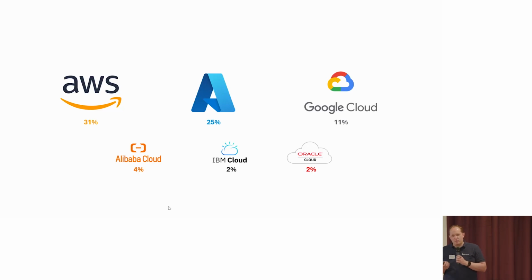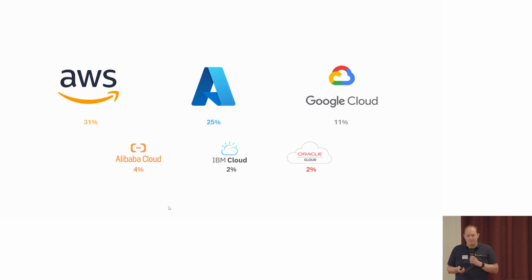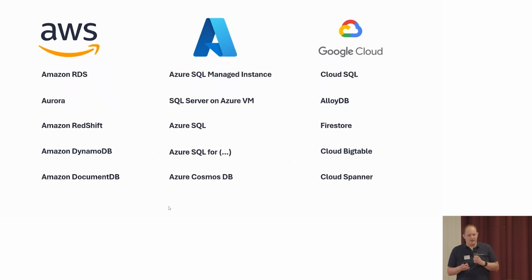But if you take a look inside these cloud vendors, how much or what kind of services do they provide to actually store test data? They have a lot of fancy names, like Amazon Relational Data Store, or AlloyDB, or DocumentDB, or Aurora. Pretty fancy names, but you might not expect it.